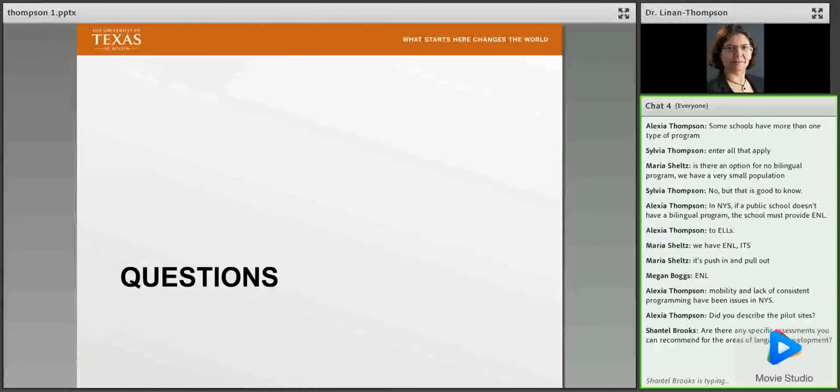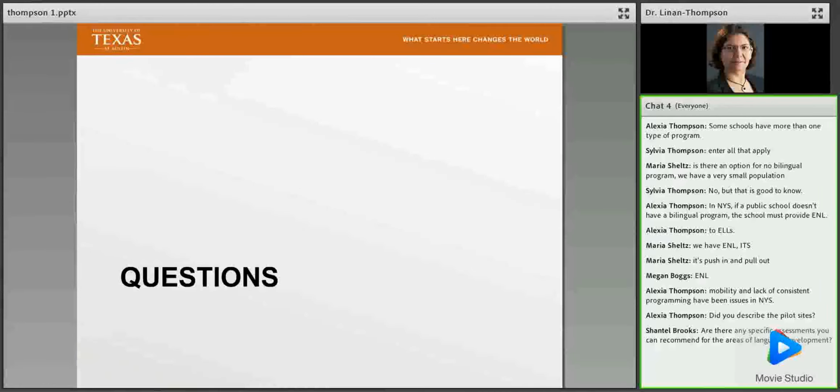The percentage of students on free and reduced lunch ranged from about 70-something to 90 across the different sites. In all the sites, the majority of the ELLs were Spanish speakers.